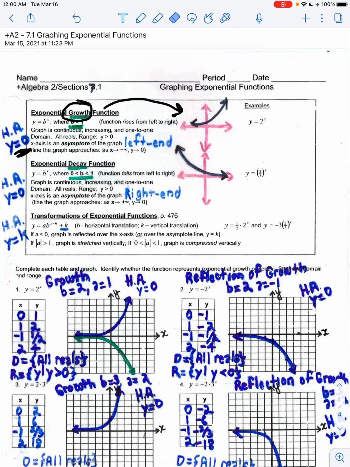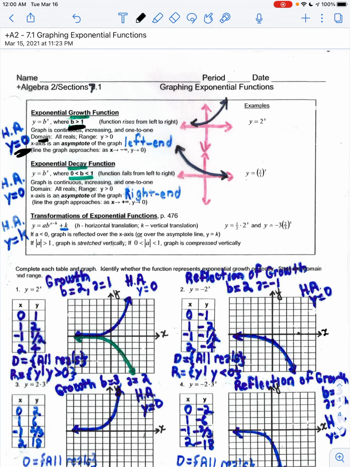One thing you need to know about an exponential graph is that the base tells you whether it's exponential growth or exponential decay. And in the case where the base is a number greater than 1, it will look like an exponential growth graph. With exponential growth graphs, the domain is all reals.